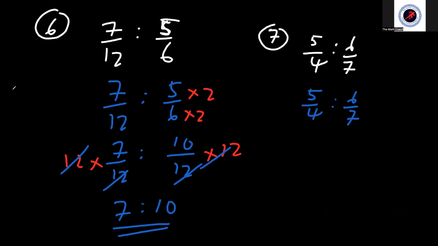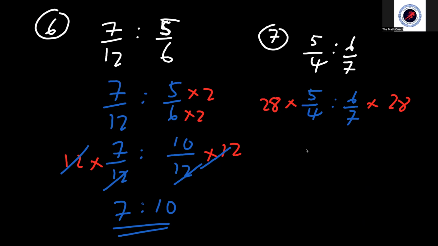So we multiply both sides by 28. Why 28? Because 28 is the LCM of 4 and 7. But why do we multiply by 28? Can't we multiply by any other number? That's a nice question, but if you multiply by any other number, chances are you will make the question more difficult.